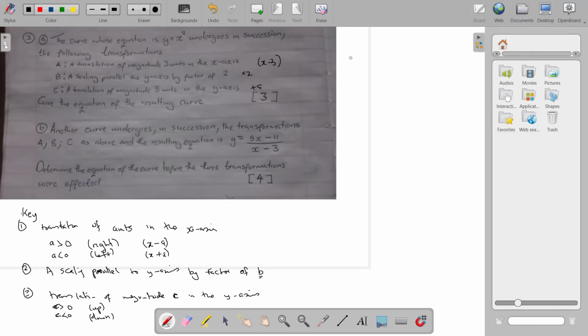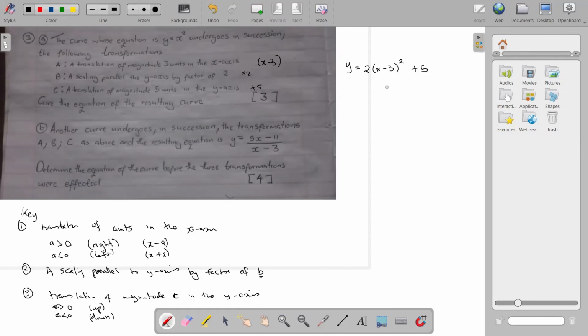So it means our resulting function will be y equal to, where there is x, it's going to be x minus 3 squared, then we multiply by 2 since there is a scaling, to everything that we have here. Then you are told after those two transformations have been done, there is also a third transformation of shifting it 5 units up. So you are going to say plus 5.